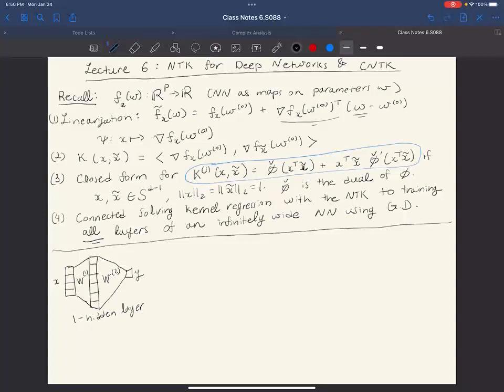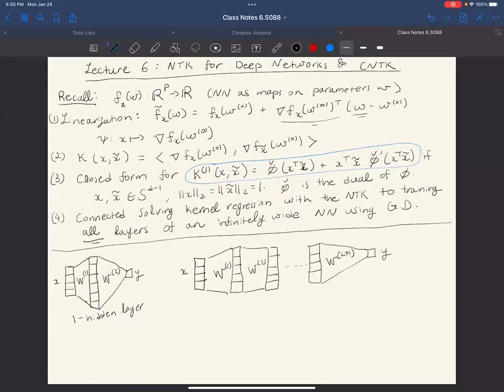Now what we're going to do is consider a setting where we have L hidden layers. So we have an X coming in. You'll have a weight matrix W1, a weight matrix W2, and all the way down, you'll have a weight matrix on the last layer, which is just WL plus 1.